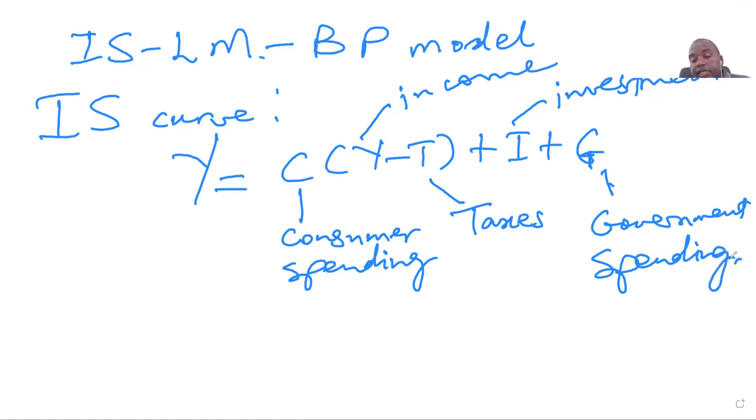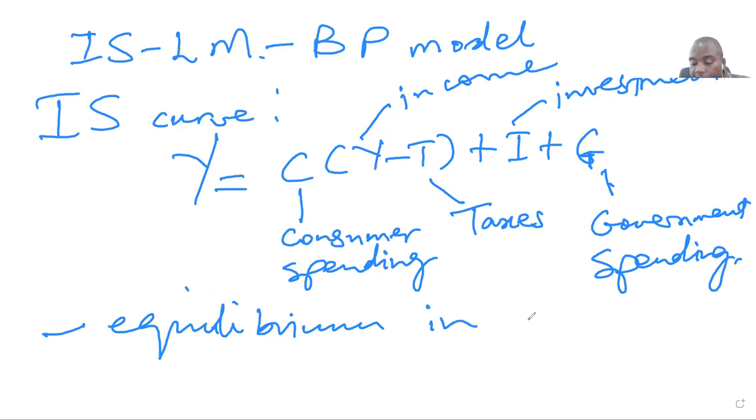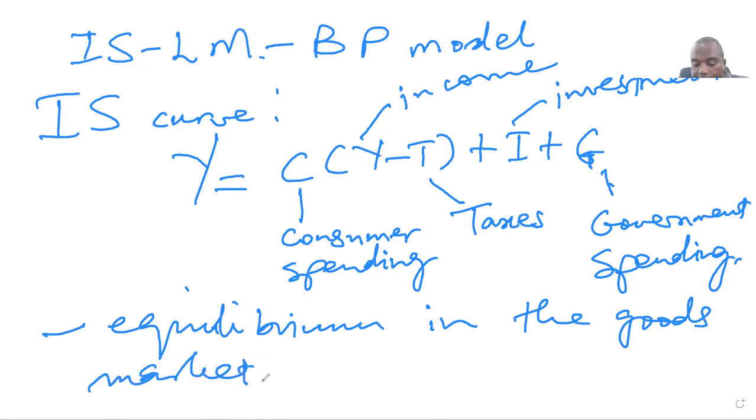So the IS curve, as we know from our previous coverage, covers equilibrium in the goods market.